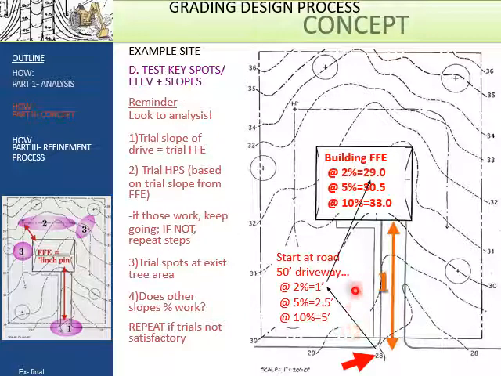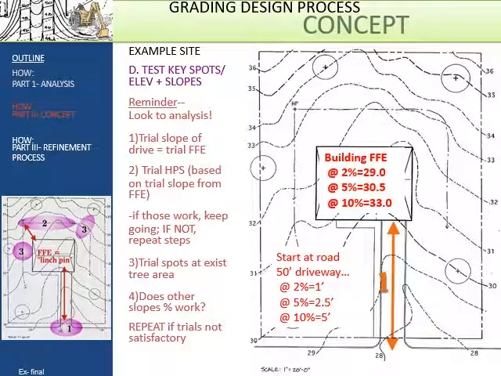All we're going to do is take that 28 and add the change in elevation to it to get the finished floor elevation. So if this is 50 feet right here and we're going up 1 foot in elevation, 28 plus 1 foot is going to be 29, and that's going to be our finished floor elevation for 2%. For 5%, it'd be 30.5, and for 10%, it'd be 33 feet in elevation.